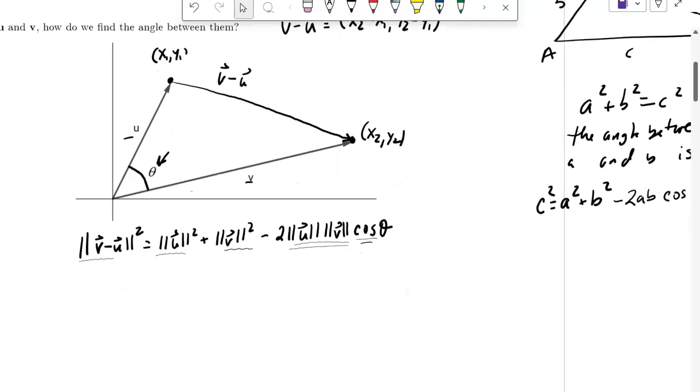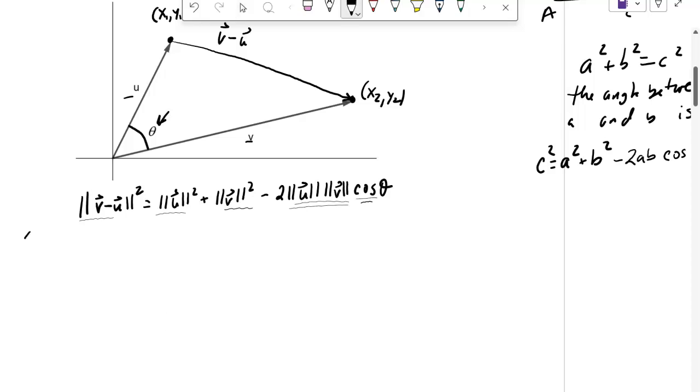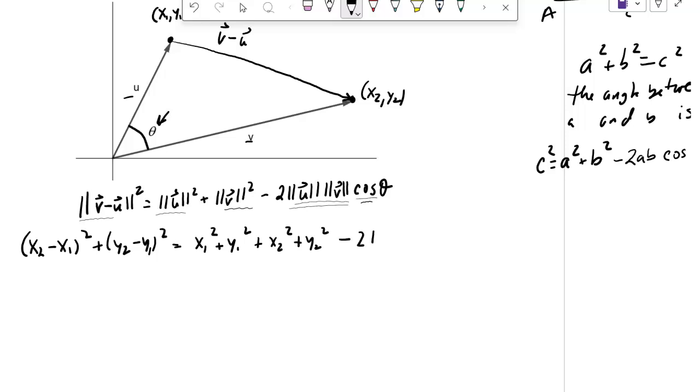So on the left-hand side, we'll have x2 minus x1 squared plus y2 minus y1 squared. On the right-hand side, we'll have x1 squared plus y1 squared plus x2 squared plus y2 squared. And I'm not going to do anything with the other twos. I'm going to leave them as their notation.